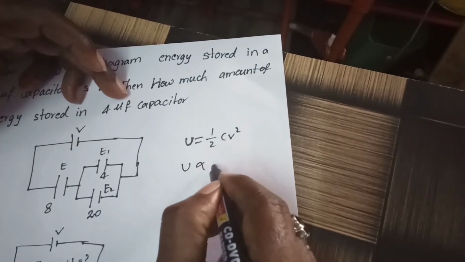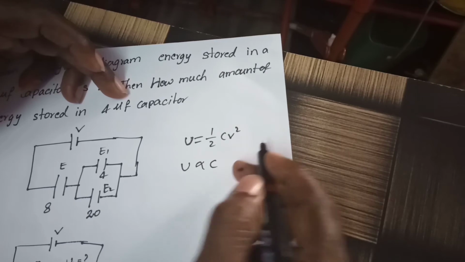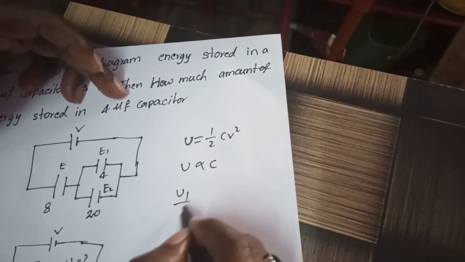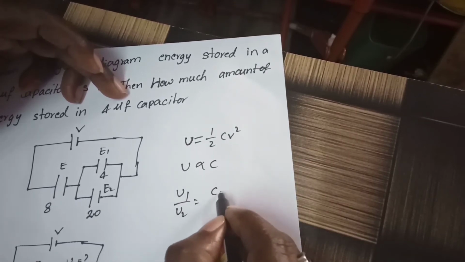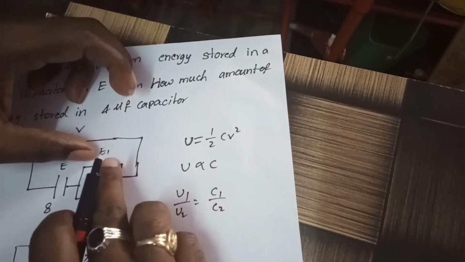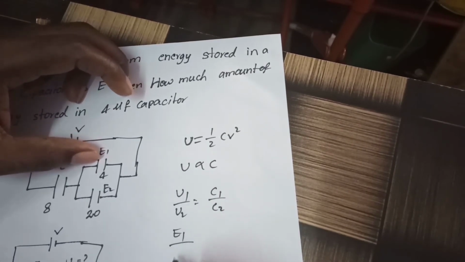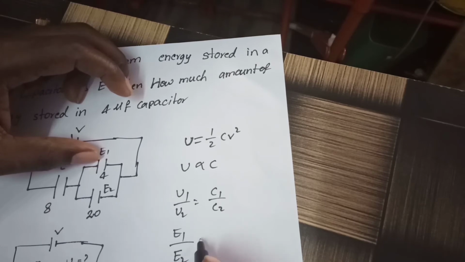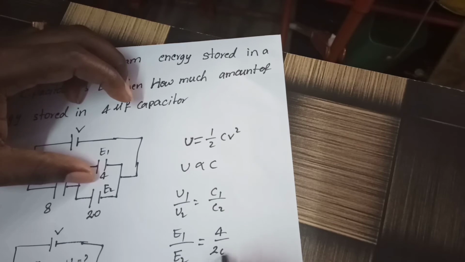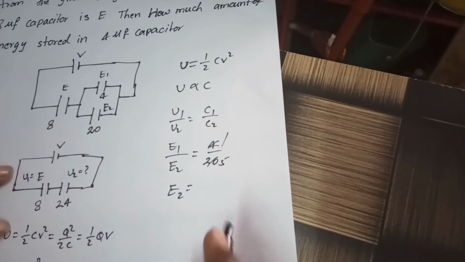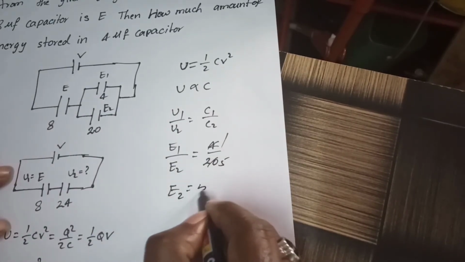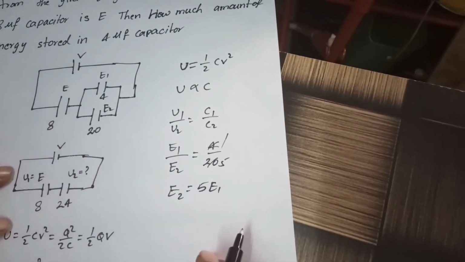Then U is directly proportional to C. That means U1 by U2 is equal to C1 by C2. U1 we are taking as E1, and U2 as E2, equal to C1 value 4 and C2 value 20. 4 ones are 4, 4 fives are 20. By cross multiplication you will get E2 equal to 5 times E1.